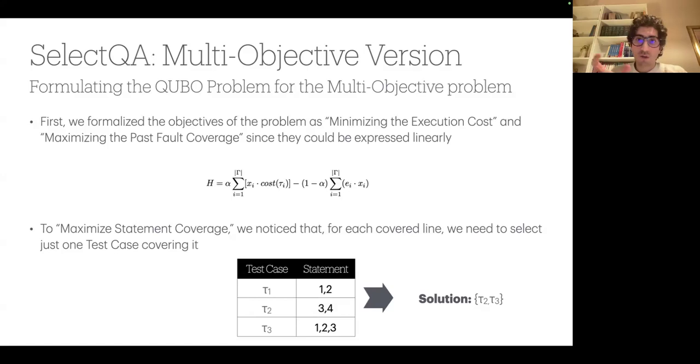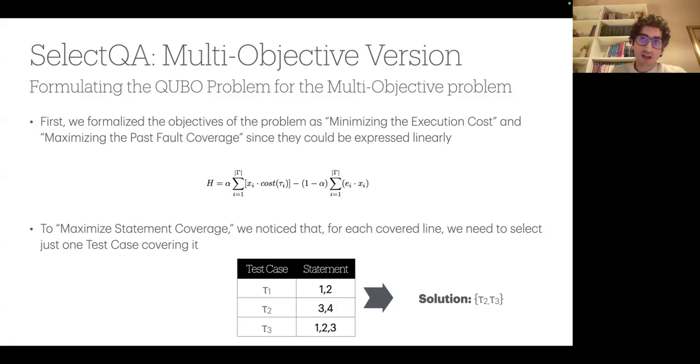Since the objectives of minimizing the execution cost and maximizing the passive fault coverage could be expressed linearly, we decided to use as optimization function the one with these two objectives. So we expressed the optimization function as a linear function. In particular, here we can see that x_i is 1 if we select the ith test case, 0 otherwise.